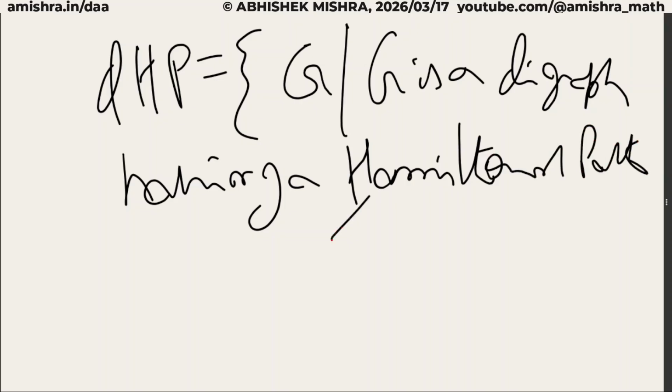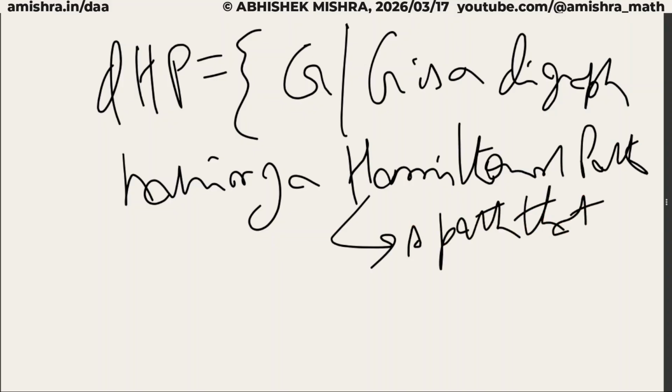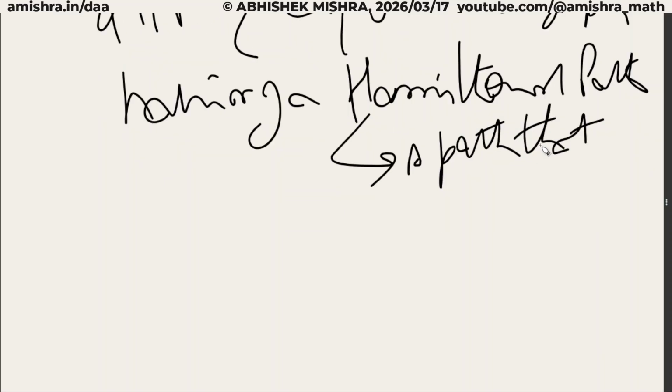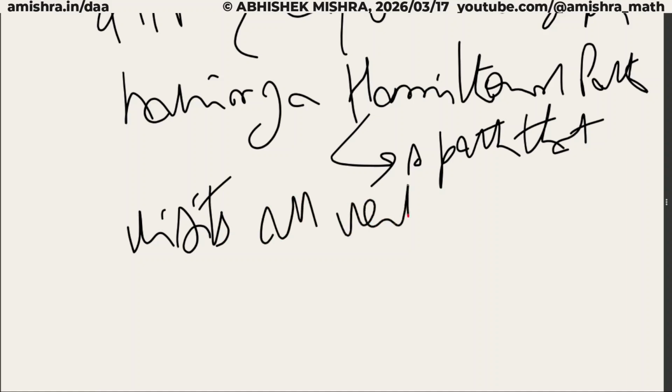Hamiltonian path means a path that visits all vertices exactly once.